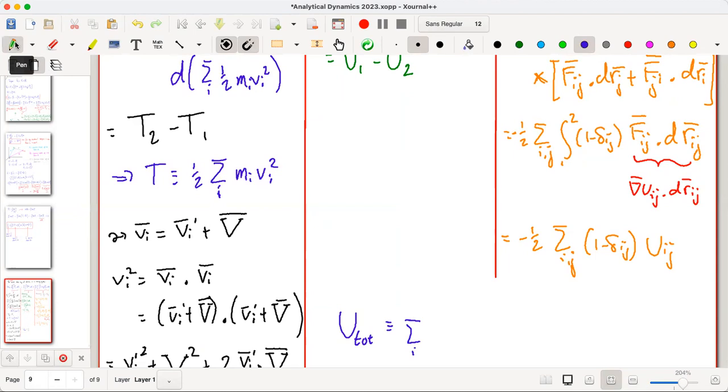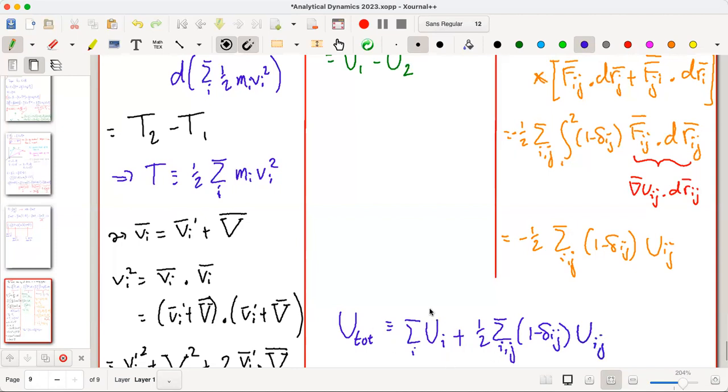Yeah, at one point. So this is just coming from the external plus half of the sum over ij of (1 minus delta ij) u ij.